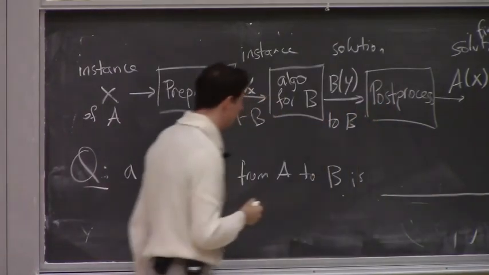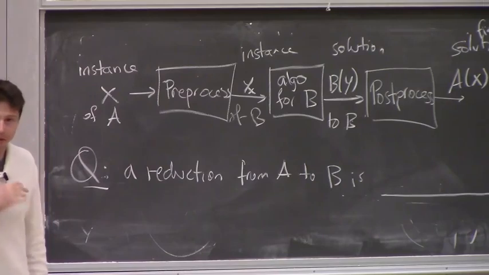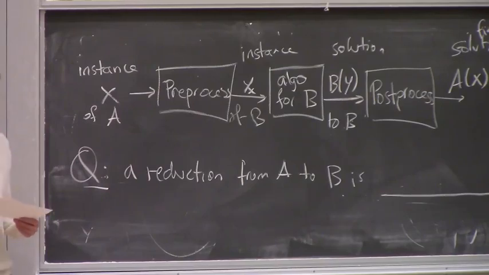What is it syntactically? When you want to understand something, it's always important to understand syntax, okay? What is it? Yeah, exactly. So that's two algorithms, one to pre-process and the other to post-process.